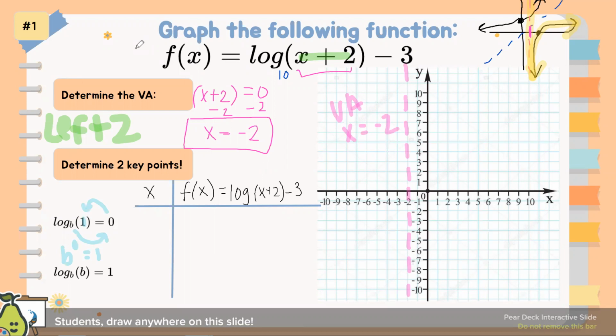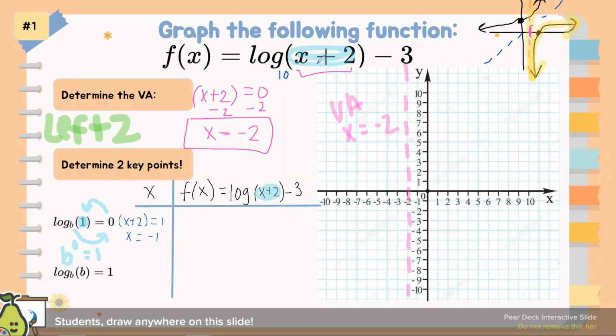That's why we want to use that property. So our goal is to make the inside parentheses equal 1. How can I make x plus 2 equal 1? And if you're not sure, you can literally just solve when will x plus 2 equal 1. You'll get x is equal to -1 by subtracting 2 on both sides.